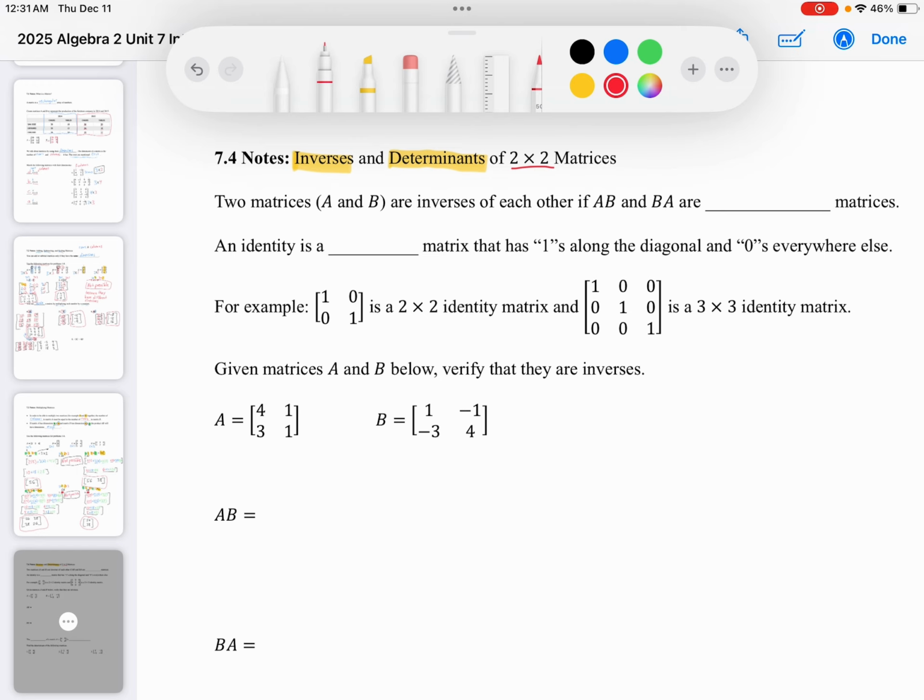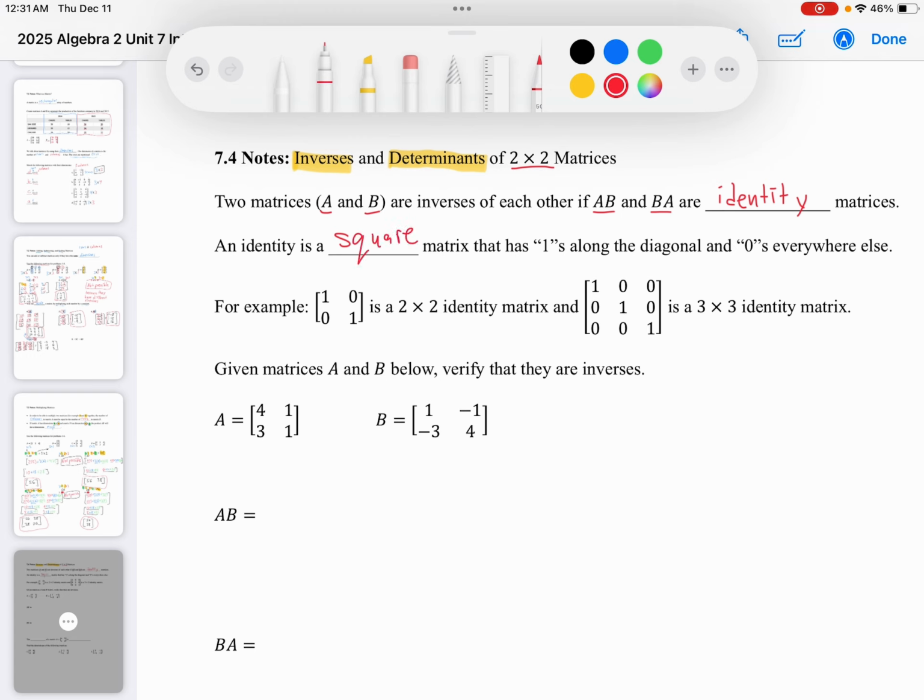So, two matrices, matrix A and matrix B, are inverses of each other if their product, AB or BA, is an identity matrix. So an identity matrix is a square matrix.